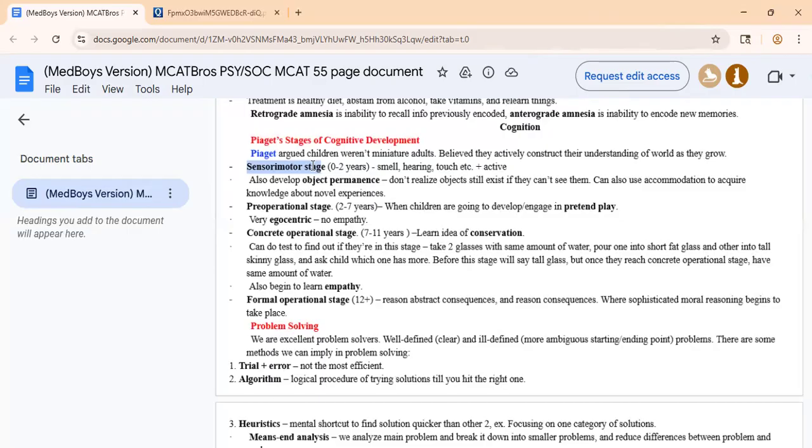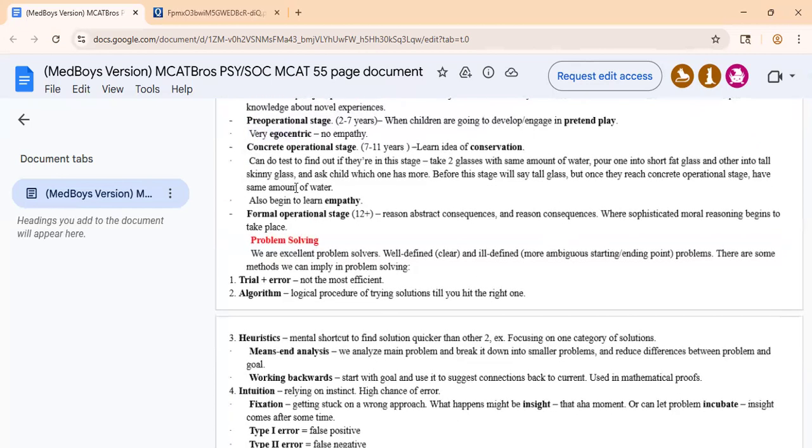Things to know: in the sensorimotor stage, we're going to develop object permanence. So you don't really realize an object still exists if you can't see it. In the preoperational stage, 2 to 7, things to keep in mind are a lot of egocentrism and pretend play.